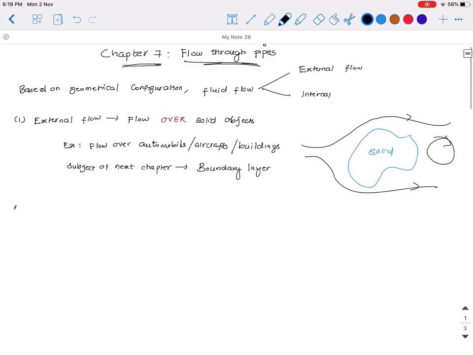Okay, the second classification is internal flows. This is actually flows, I would say, within the area formed by solid boundaries.